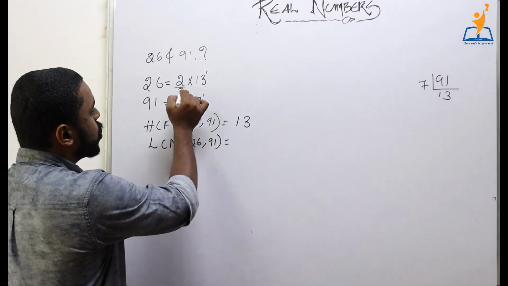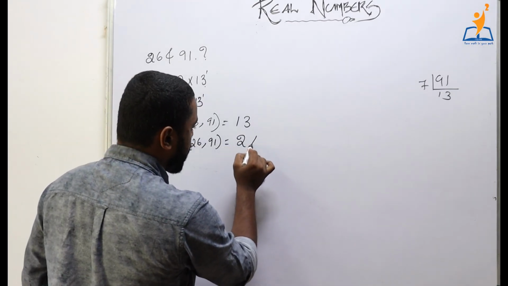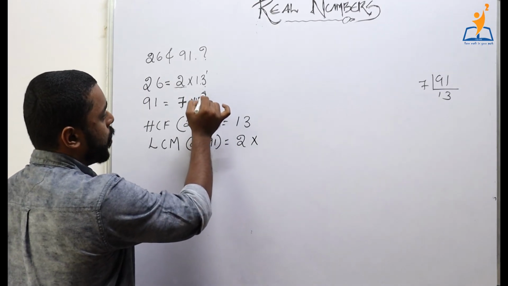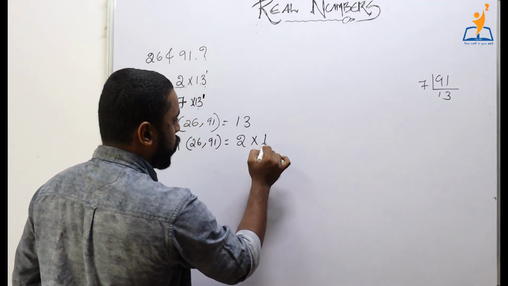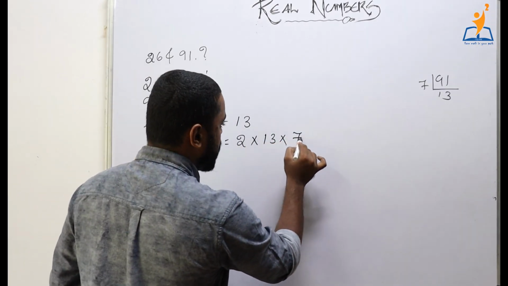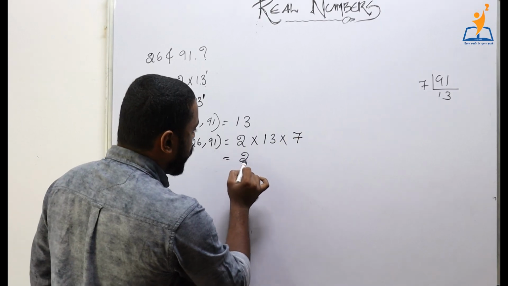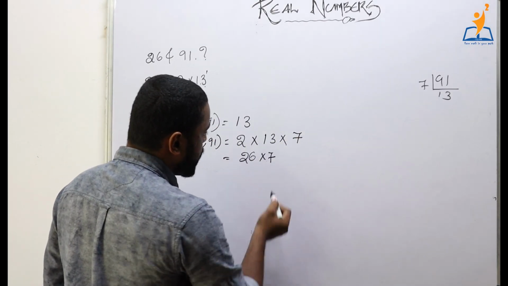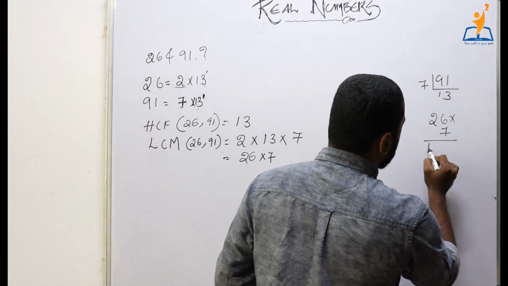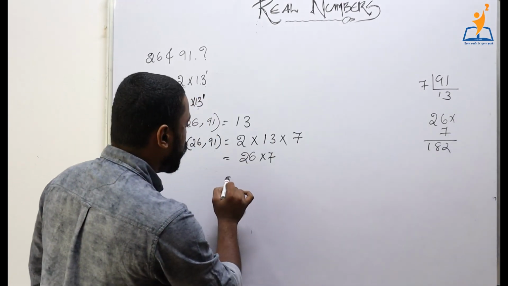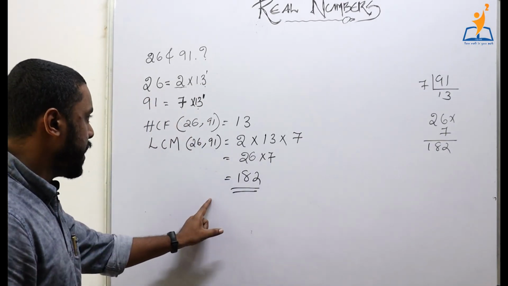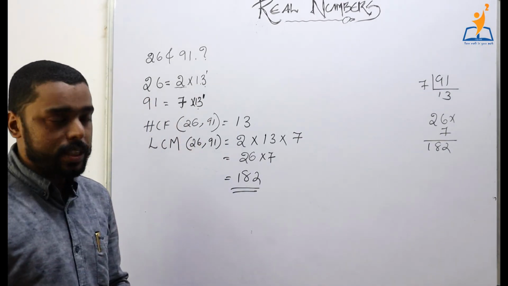Here 2 is not common, so we can directly choose 2. 13 is common and each of them has the power 1, so we can choose any one of them, 13. 7 is not common, so we can directly choose 7. So we have 26 into 7, which results in 182. So we have LCM is equal to 182 and HCF is equal to 13.